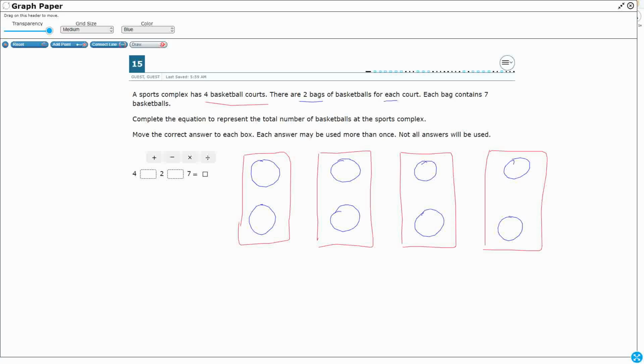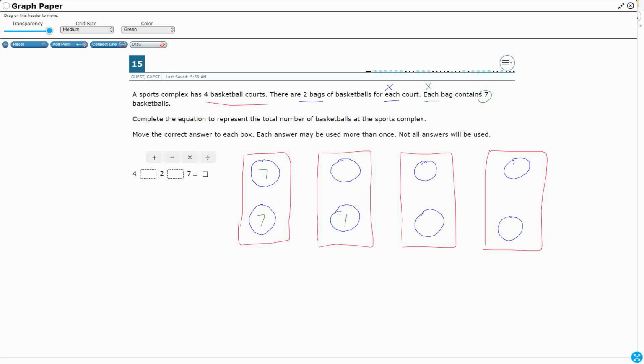That each means we're doing equal groups. So I've got 8 bags so far. And then each bag, another each, means some more equal groups, contains 7 basketballs. So rather than drawing the 7 basketballs, since that's my last number, I'm just going to write the number 7 in here.